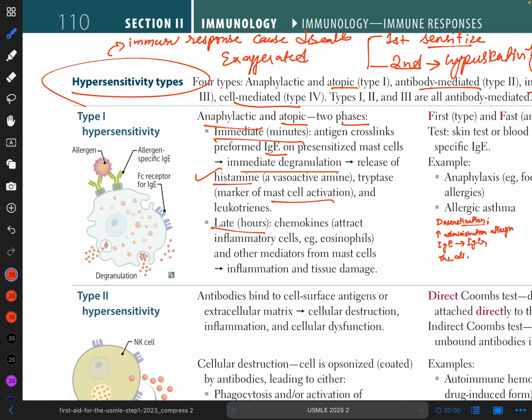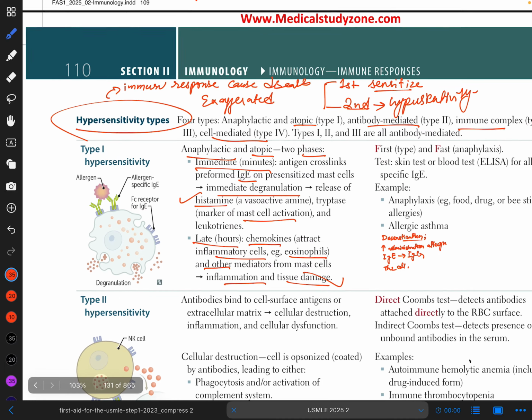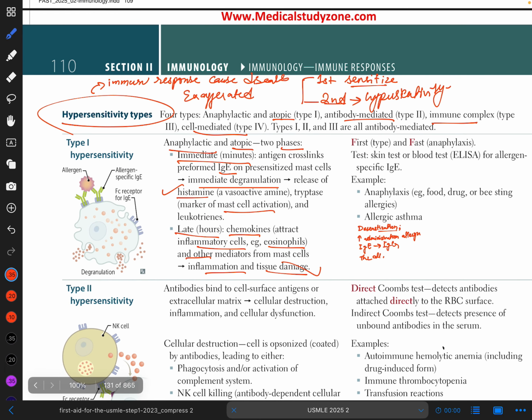For the late phase, hours later, the chemokines attract inflammatory cells and eosinophils due to cytokines and other mediators from the mast cells, and inflammation and tissue damage will be there. So there are two phases, the immediate and late.